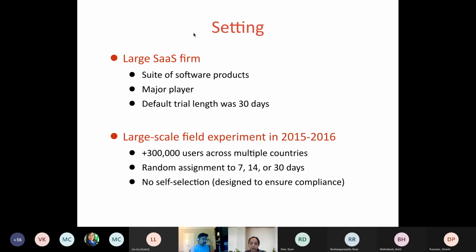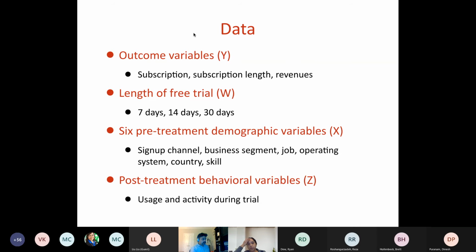So that was good. In terms of data, what do we have? We have data on outcome variables of interest, both short run and long run: subscription length and revenues. We also see the treatment which the people got, which is 7 days, 14 days, or 30 days of trial.